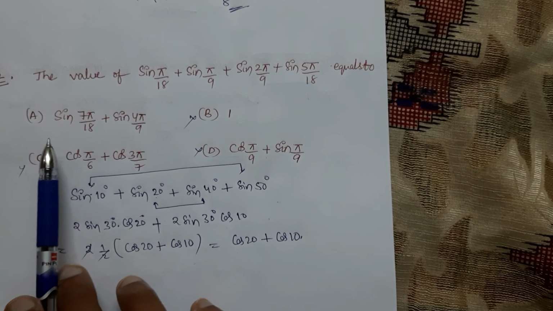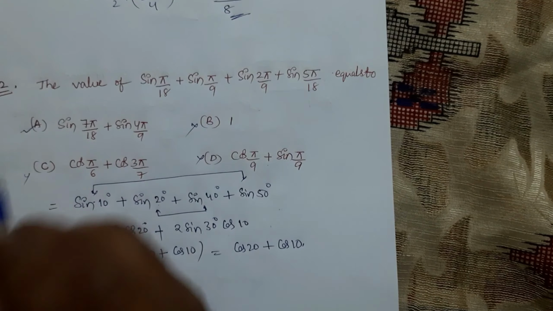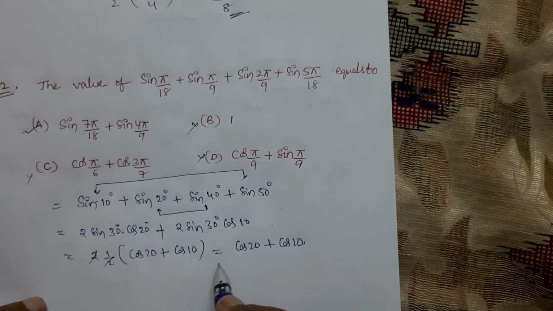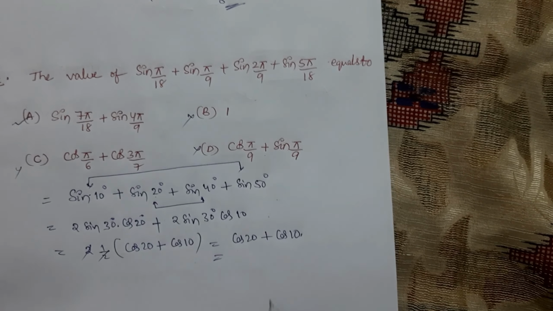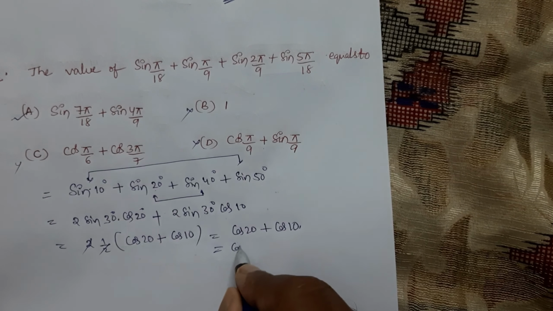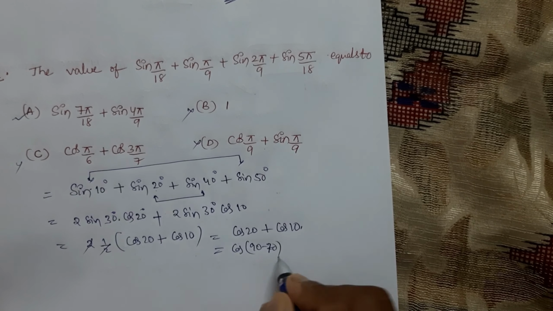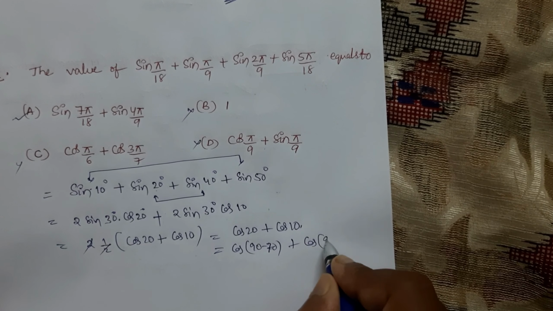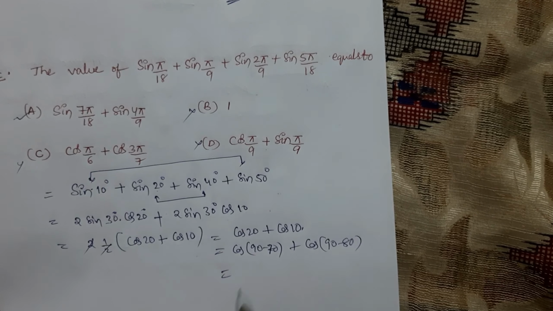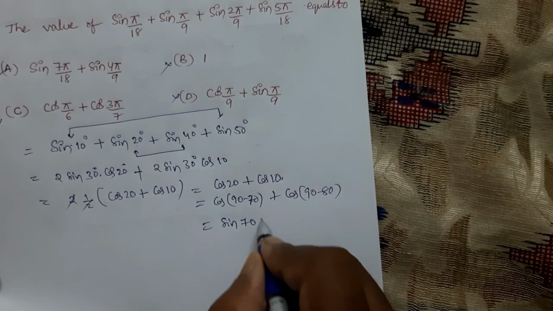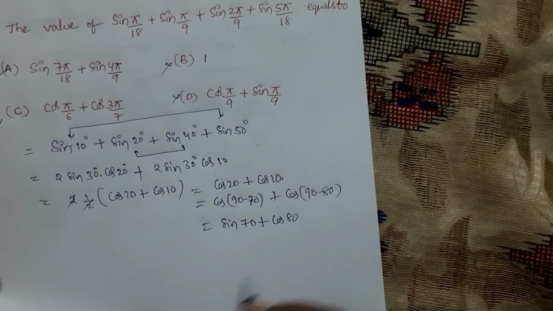Now we can go for this option, but here if you observe, this is in terms of sin. So whenever we want to convert cos in terms of sin, we need to apply 90 minus. So this cos 20 we can write as cos of 90 minus 70, and cos 10 we can write as cos of 90 minus 80. So cos of 90 minus 70 will be equal to sin 70, plus this is sin 80.